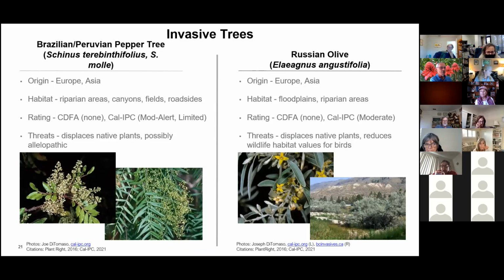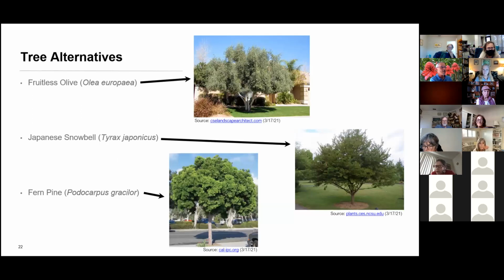Allelopathic means it puts chemicals on the soil that make it difficult for other plants to sprout. Some alternatives include fruitless olive, Japanese snowbell, and fern pine, among many other alternatives. So again, they don't have to be native species to be an alternative. There's plenty of non-invasive plants such as these that you can use as alternatives.